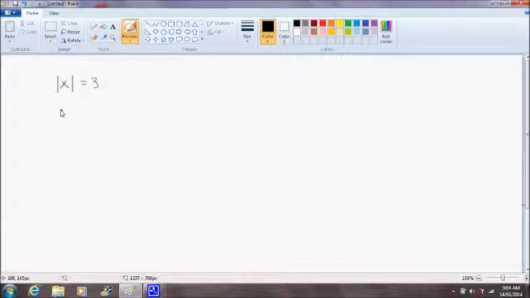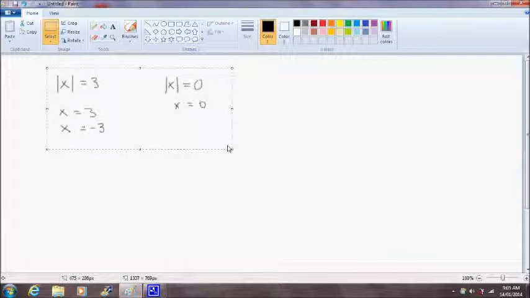So x is equal to 3 or x is equal to -3. And if the absolute value of x is equal to 0, well, there's only one possible solution for that, and that is x is equal to 0. Okay, so pretty simple. Let's do an example.